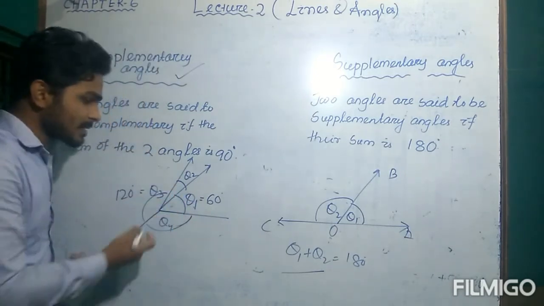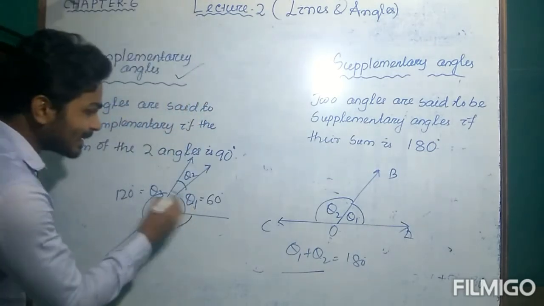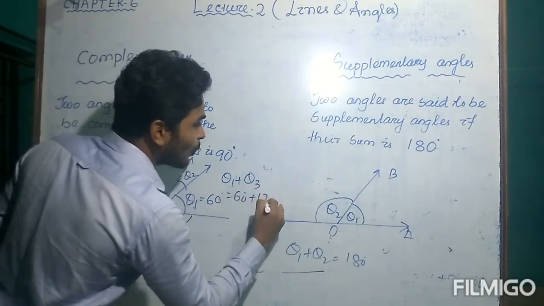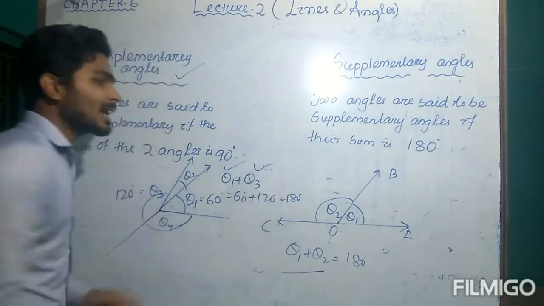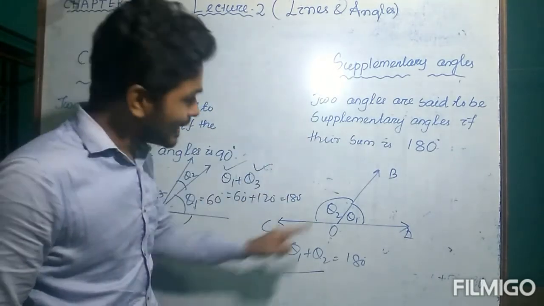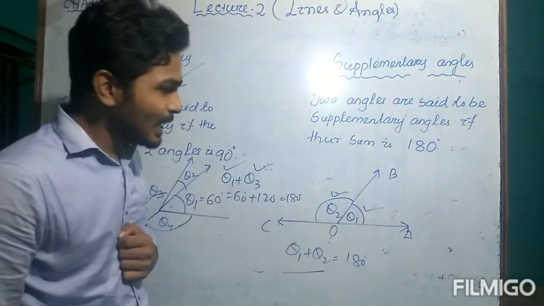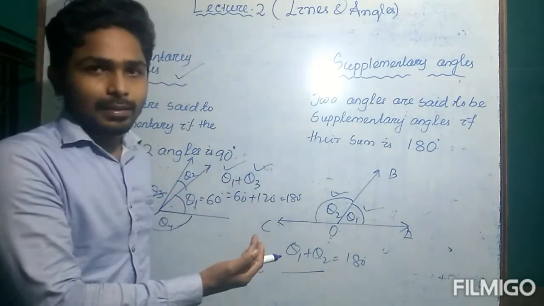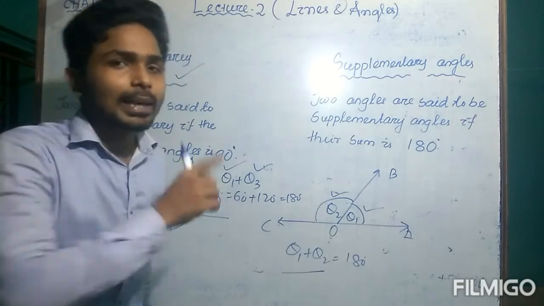No, they are not adjacent because they do not have any common arm. Okay, but their sum gives 180 degree. So the angle theta 1 and theta 3 are known as supplementary angles. Here also the two angles are known as supplementary angles. So it doesn't matter whether the two angles are adjacent or not. But most important thing is that the sum of the two angles must be 180 degree.